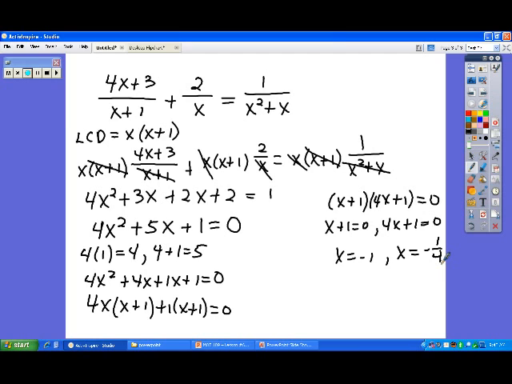Notice anything about these answers, though? They're both negative. Anything else? What type of equation do I have? A rational equation. What do you have to do when you're solving a rational equation?